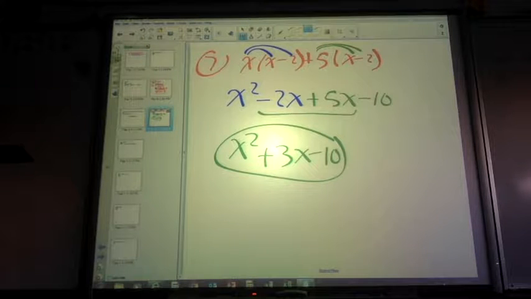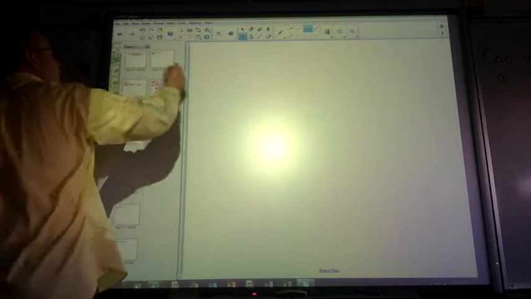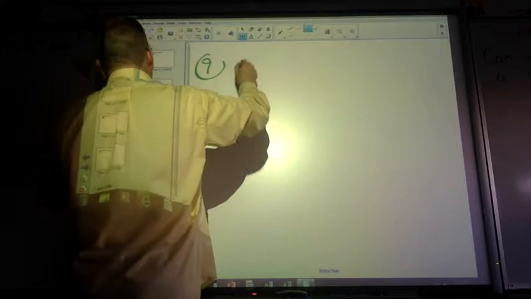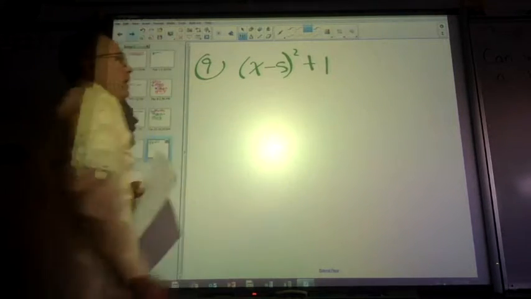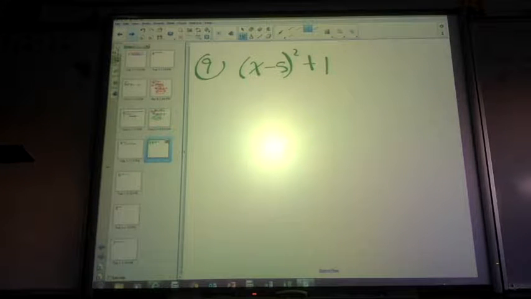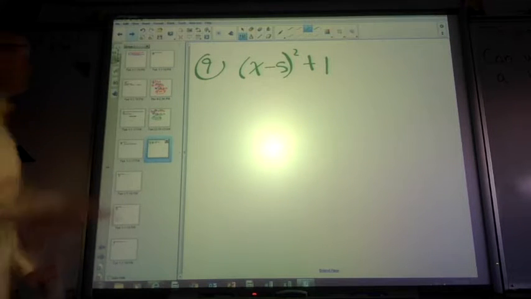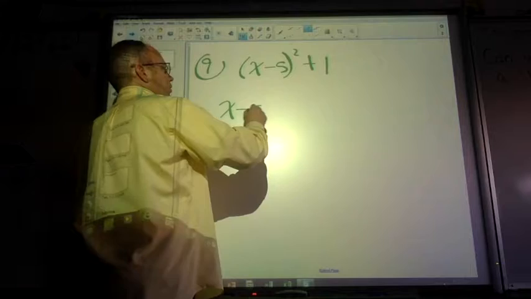Nope, stretch. Okay, let me work number 9 real quick. Number 9, I have x minus 5 quantity squared plus 1. How many x minus 5s am I multiplying together? 2. So this should then now be written like this.